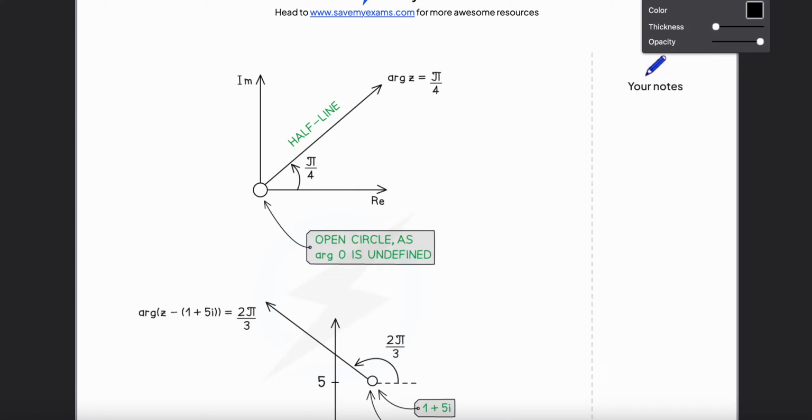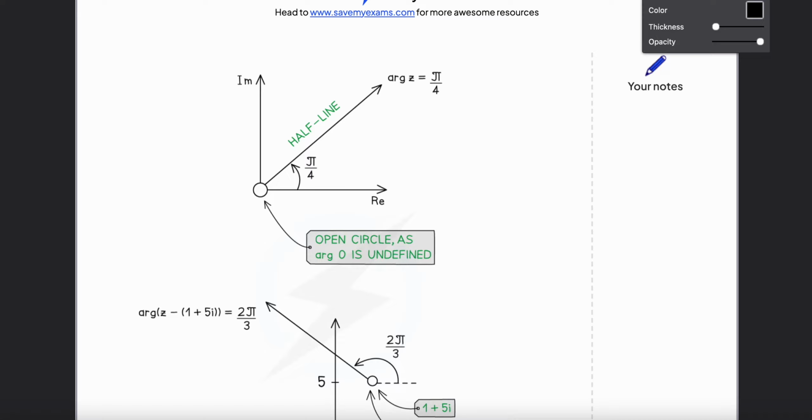Now on an Argand diagram, this part here, the origin, is where the argument of 0 is, but we say the argument of 0 is undefined. So to show that it is undefined, we use an open circle. So this is the open circle. We have it because the argument of 0 is undefined.